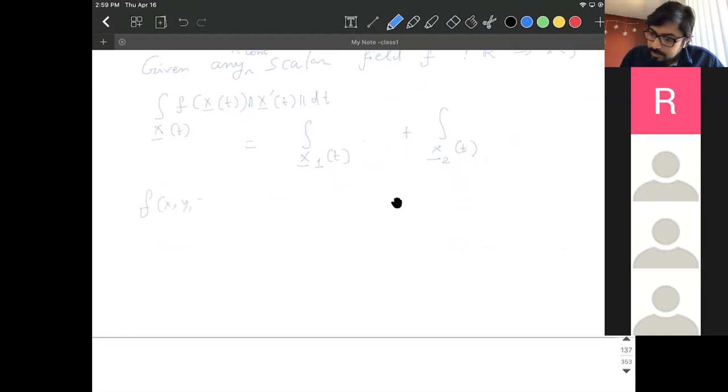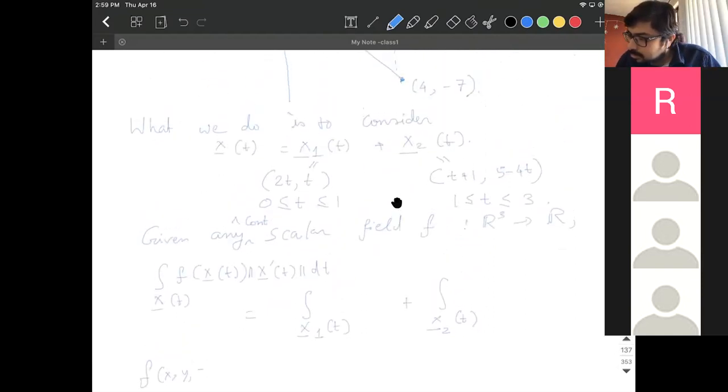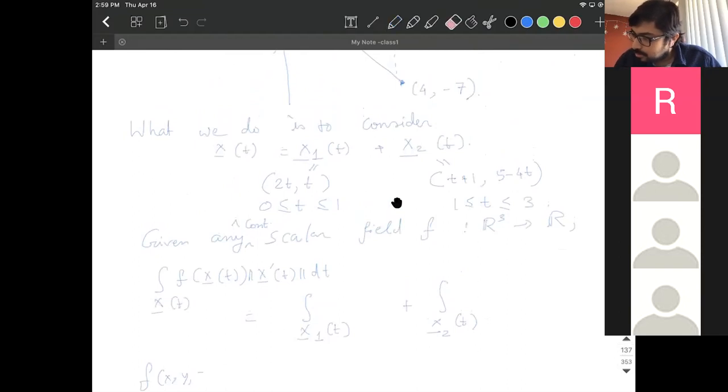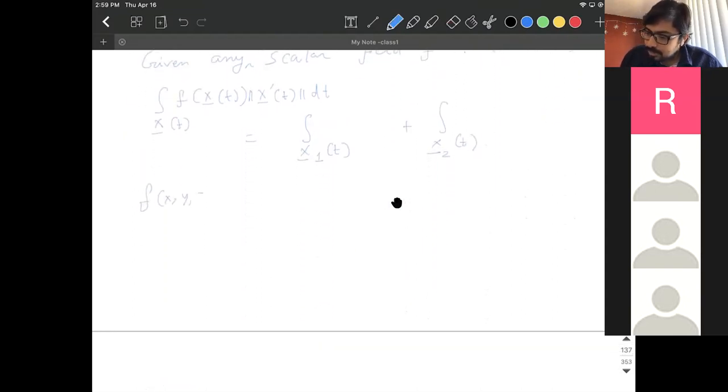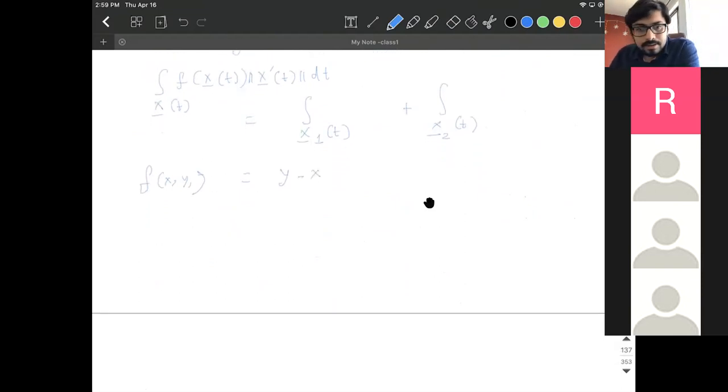Okay, so let's take one particular example. So let's say f of (x, y). Oh, this is from R2, right? Not R3. R2. So let's take f of (x, y) equals y minus x. This is my scalar field.